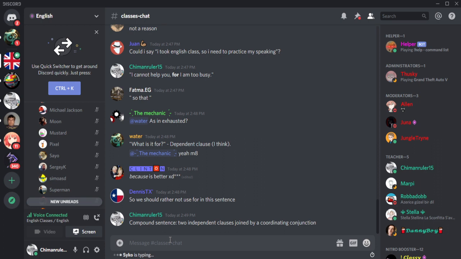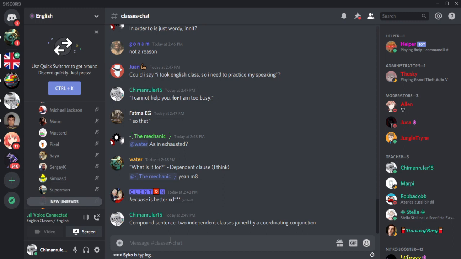So remember, a compound sentence is made up of two independent clauses that are joined by a coordinating conjunction. And we've been making compound sentences.